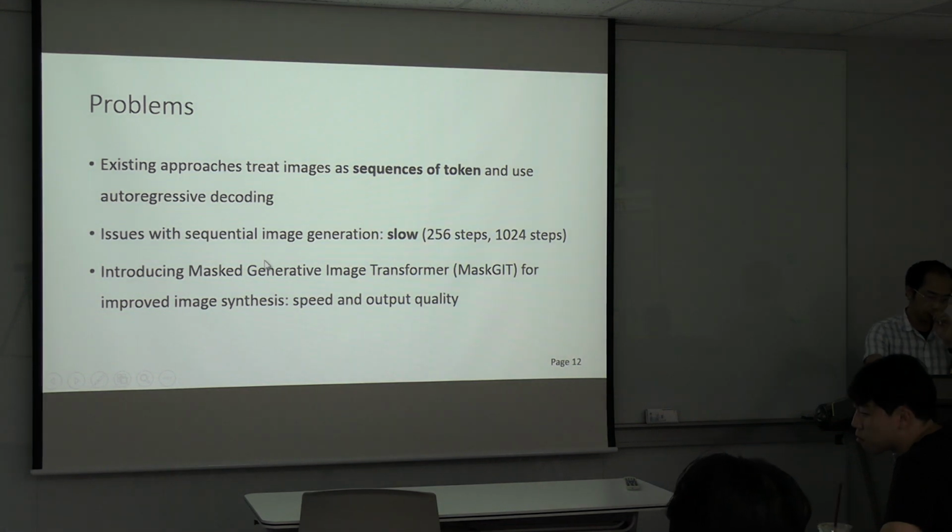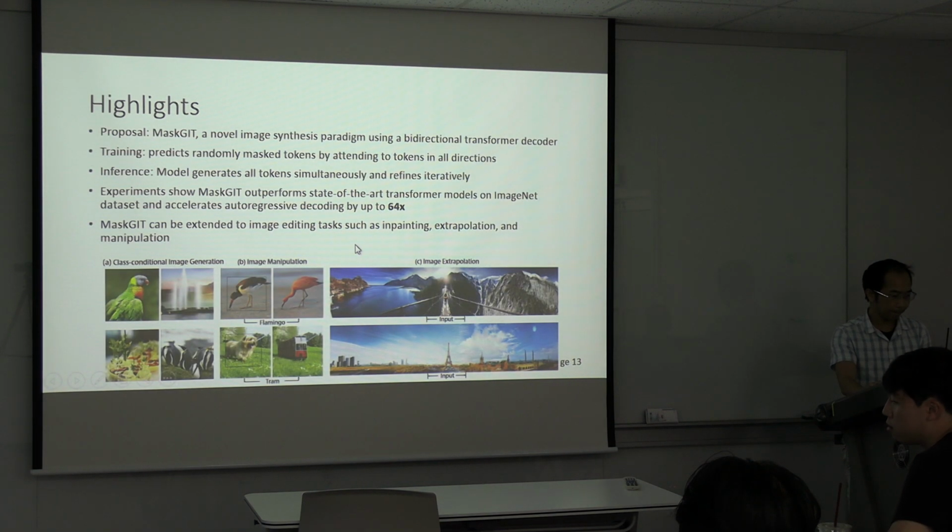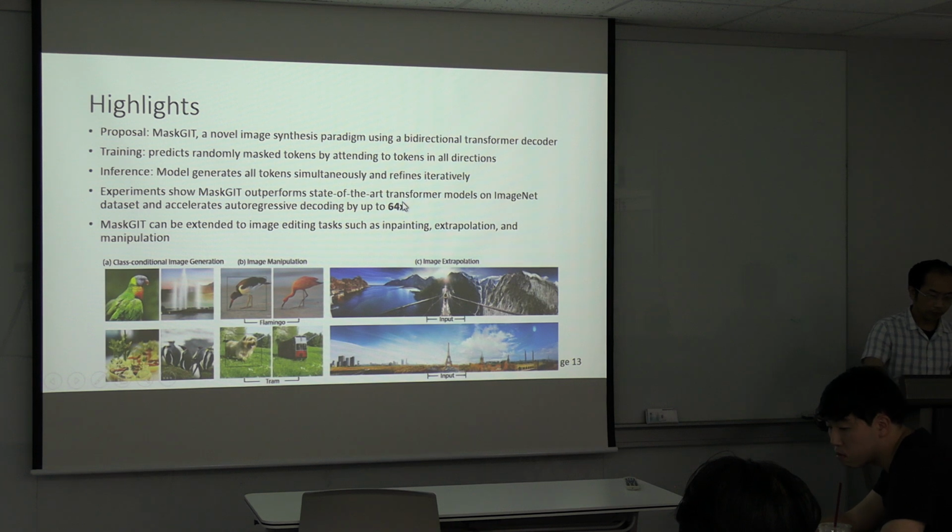So in this paper they propose a masking strategy that can speed up and generate output with very high quality. They demonstrate that this masked model can speed up by more than 60 times compared to the equivalent model.